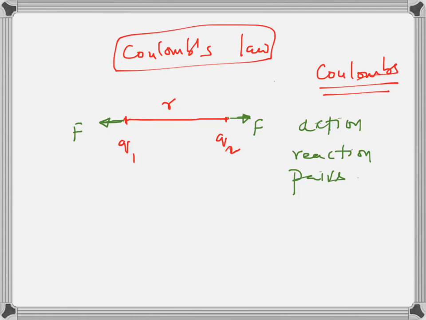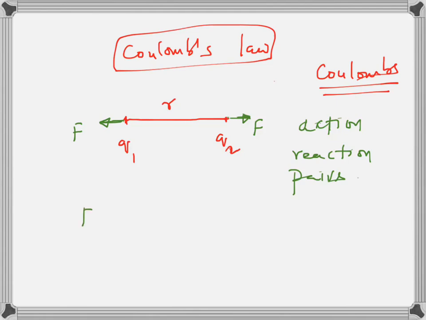That is the most important point. Action and reaction pair never act on the same body. That's a rule. For example, the force on Q1, if you call it action, then reaction acts on Q2, not on Q1. So action and reaction pair act on different bodies. Now let us first write the magnitude of this force between these two charges.